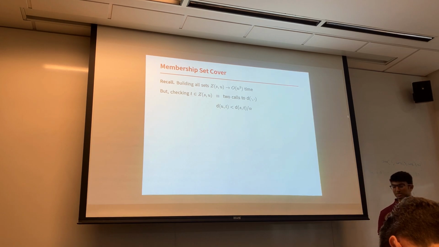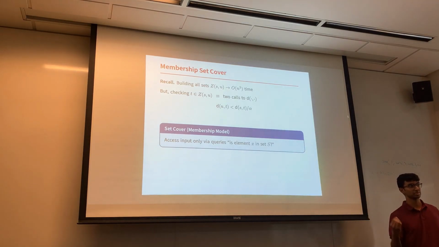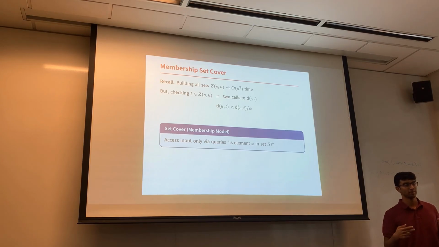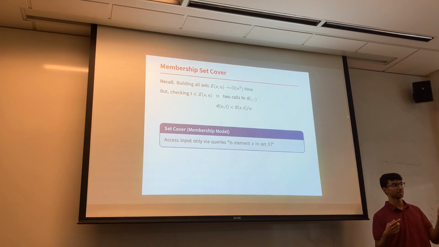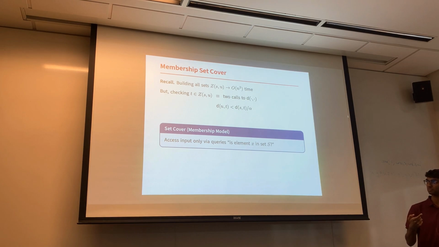And this observation motivated us to think about set cover in a different input model. Rather than thinking of the input sets being explicitly written down as an input to your algorithm, we thought of a model in which you're given query access to the input. So in particular, you can only access the input by making queries of the form, is element X contained in set S? And we'd like to design fast algorithms for set cover in this particular model.